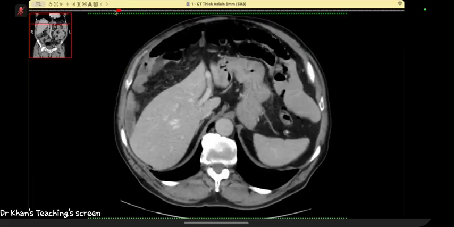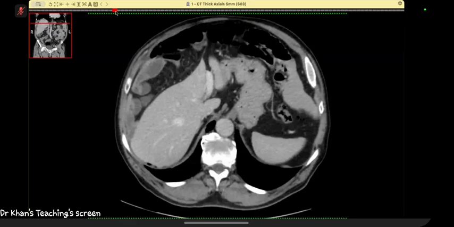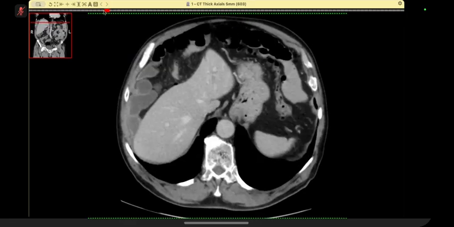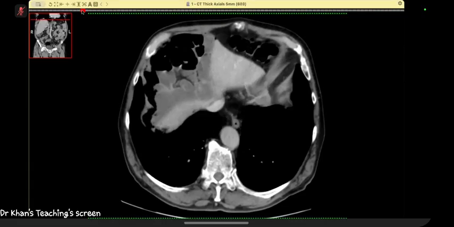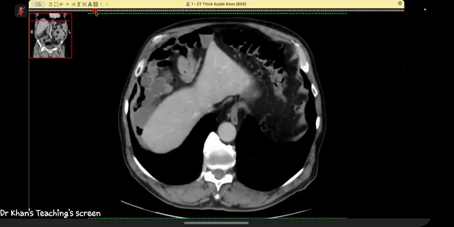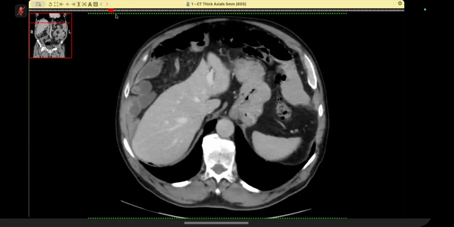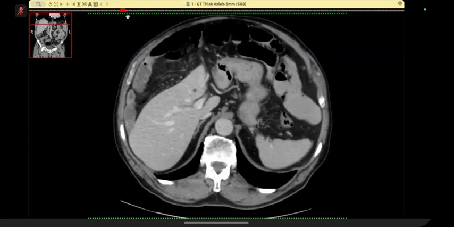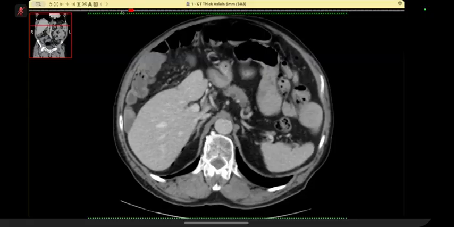The spleen appears normal. The stomach is non-distended.